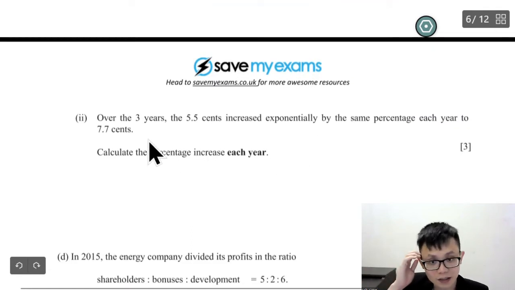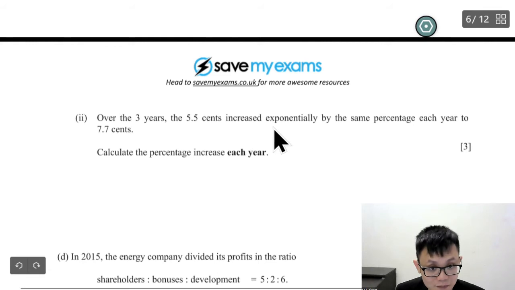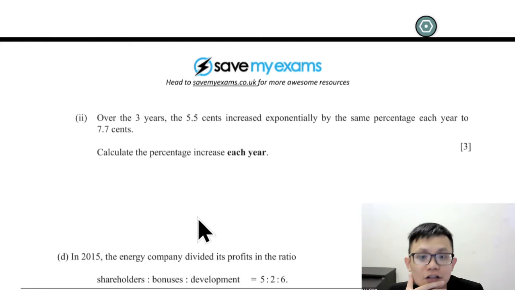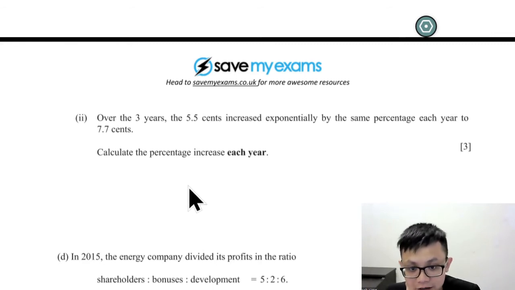Next question. Over the 3 years, the 5.5 cents increased exponentially by the same percentage each year to 7.7 cents. Calculate the percentage increase in each year. Again, for this question, we use the compound interest formula, correct or not?